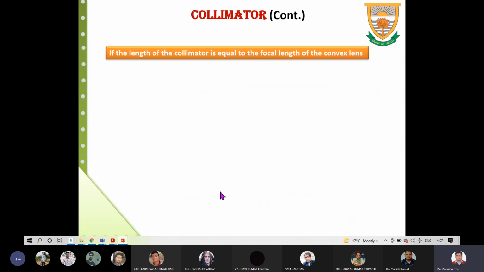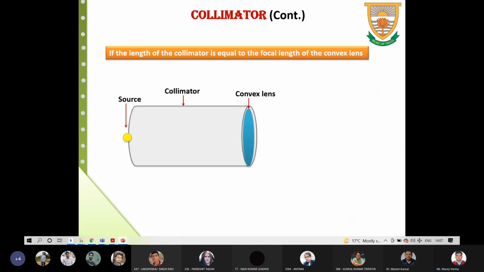As you know, suppose here is the source, here is the collimator. You are placing the source just beneath the collimator, and here is the convex lens on the right hand side part of the collimator.